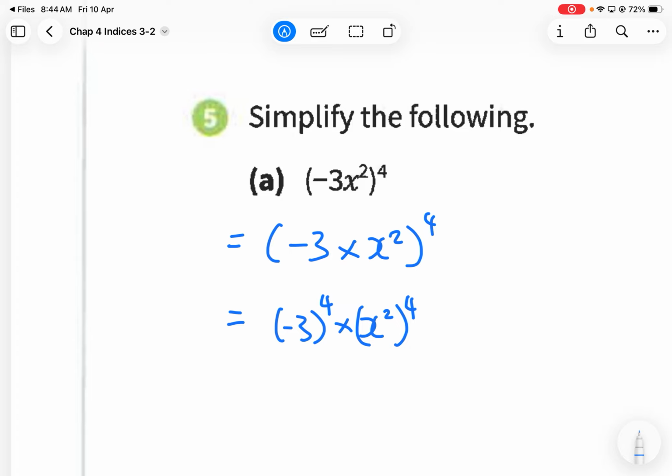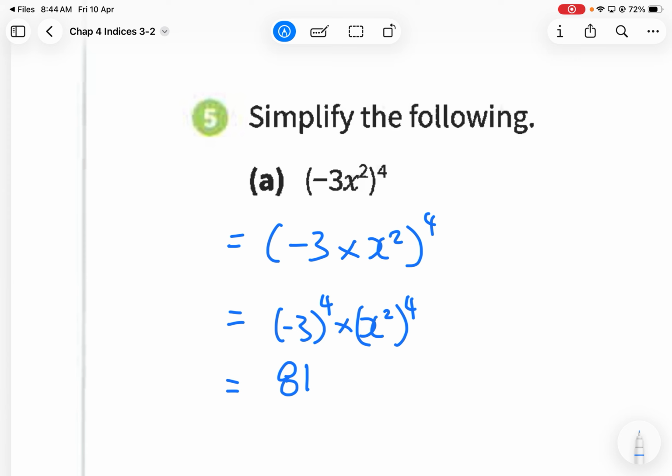-3 multiplied by itself: -3 times -3 becomes +9. +9 times -3 becomes -27. -27 times -3 becomes +81.